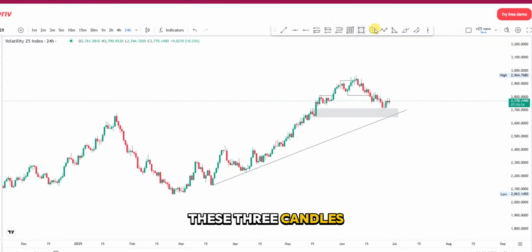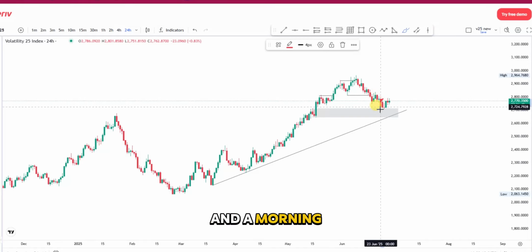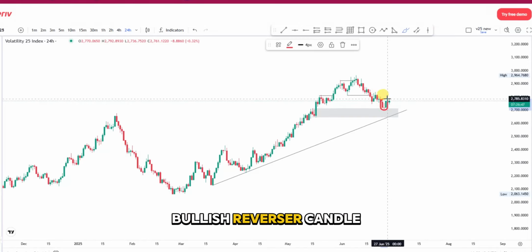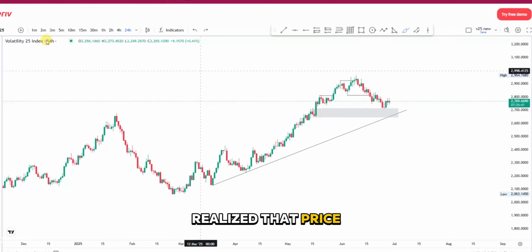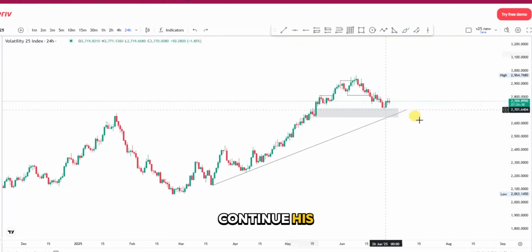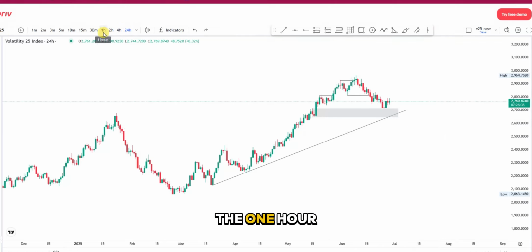These three candles, that's a morning star, and a morning star is a bullish reversal candle. So this was what I saw on the daily time frame, and then I realized that price is about to continue its bullish momentum. Okay, so now let me go to the 1 hour.